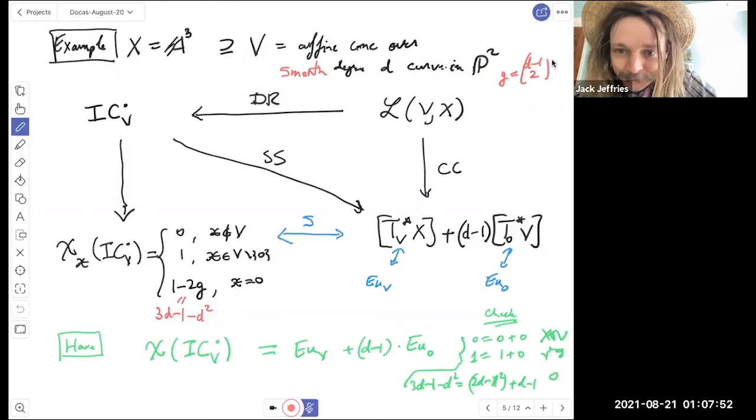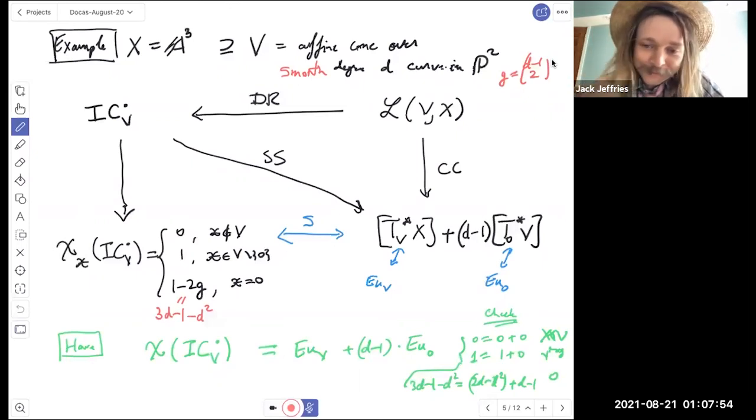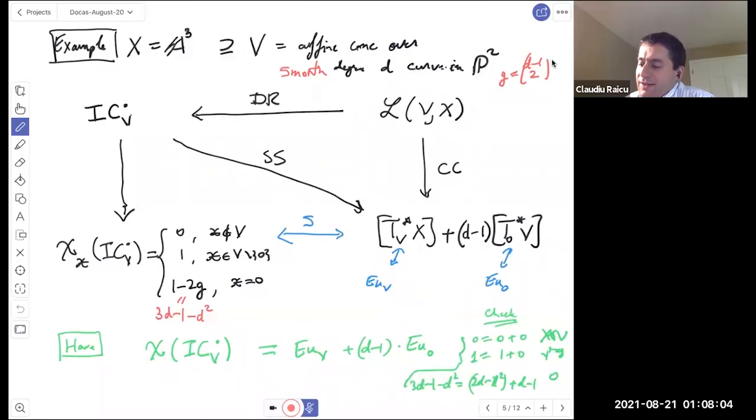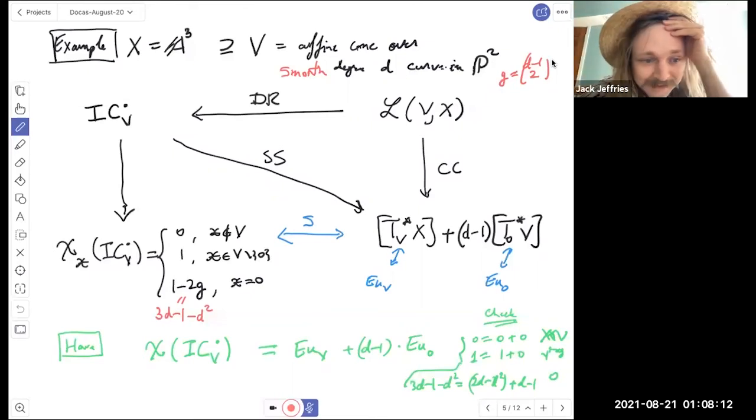I had another question that maybe you were planning on saying something about next time, in which case just say that. What do these Euler obstructions obstruct? I guess I'm not the master.